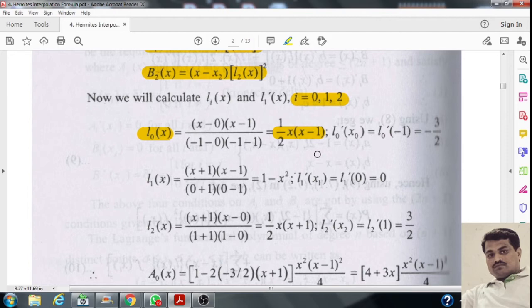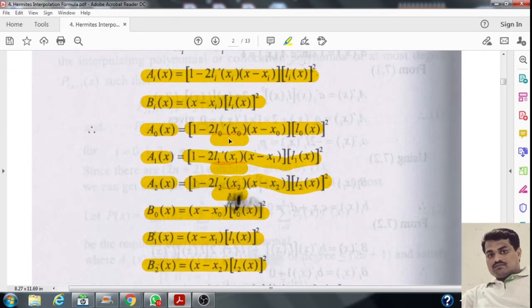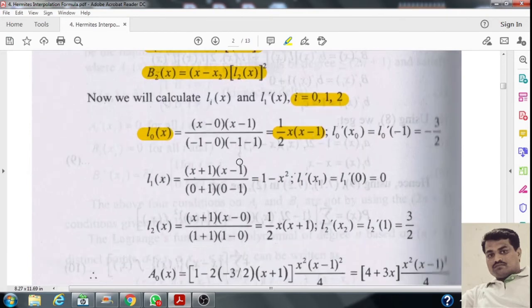Okay, this is the polynomial in x. At the same time, in a0 we want to find L0 dash of x0. Hence we differentiate this L0x. Here we can multiply x inside the bracket, giving x square minus x. We take the derivative of x square, which is 2x, minus the derivative of x, which is 1.